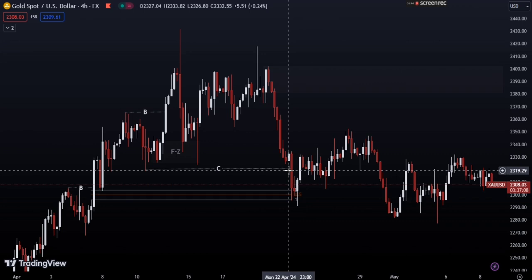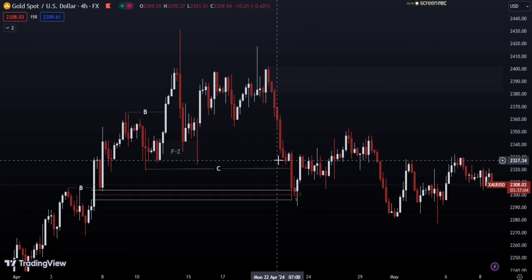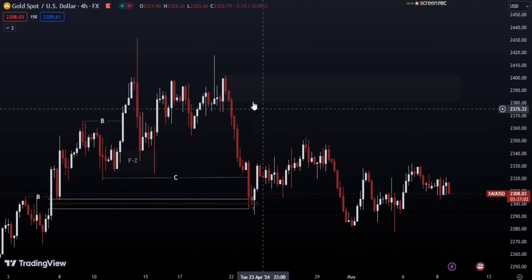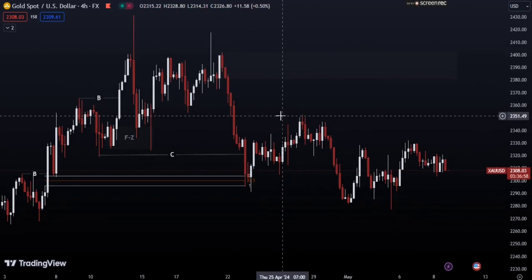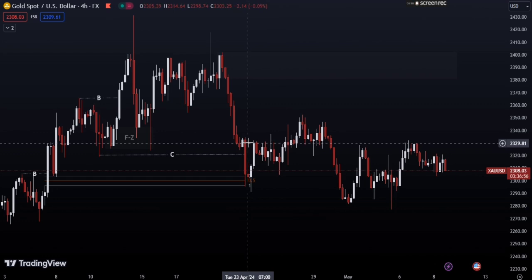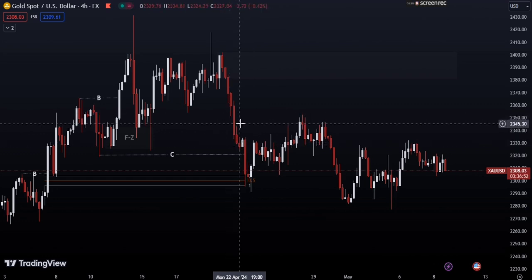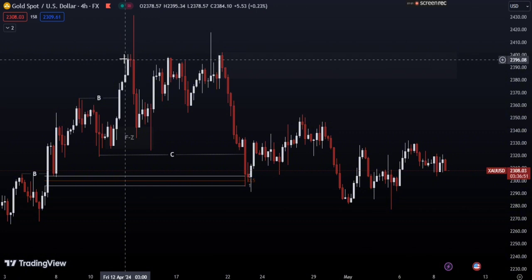So now I can put up my CB1 method, I can put up this and that, right? So anyways, we have the flip zone, right? Again, now we have this supply zone, and above it we have this, which is pretty much far away from it. It's a 4-hour chart.